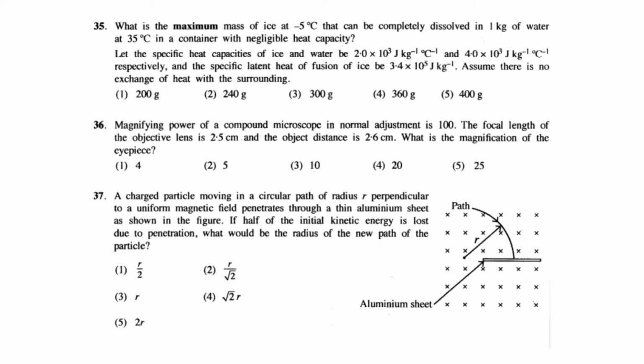E by 2 is directly proportional to the new r dash squared. By dividing the first expression by the second expression, we get 2 equal r squared divided by r dash squared. Then we get r dash equal r divided by root 2. Answer is 2. Question number 38. An electrical circuit is shown in the figure.